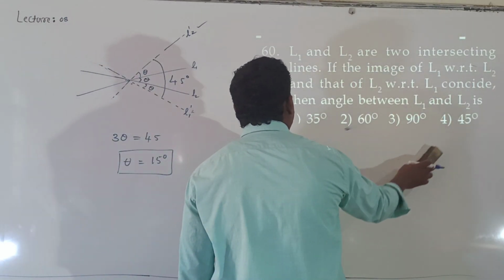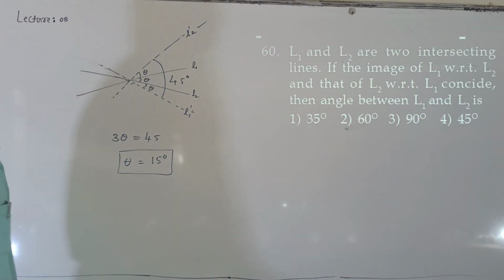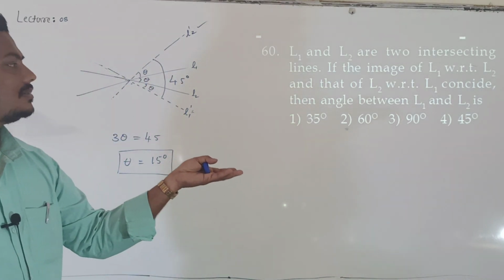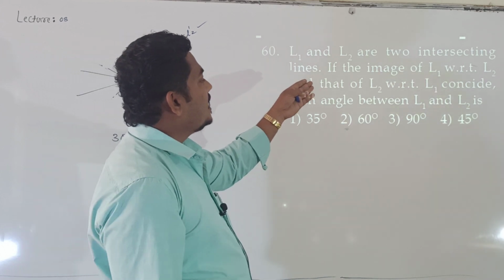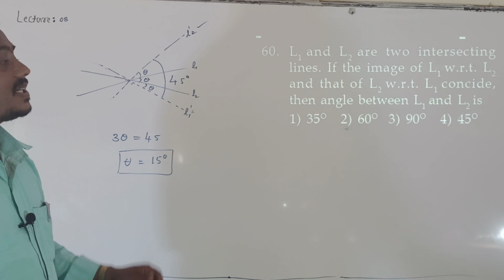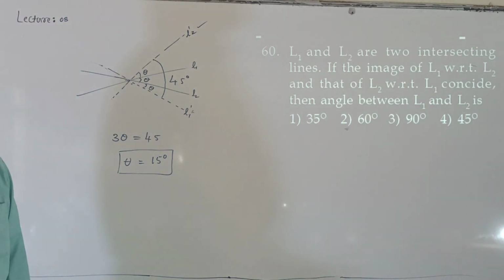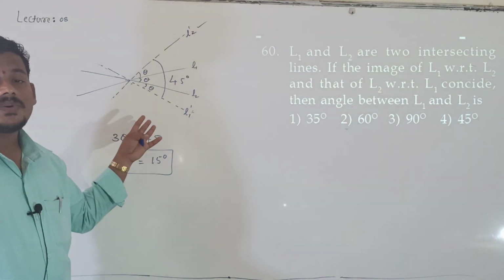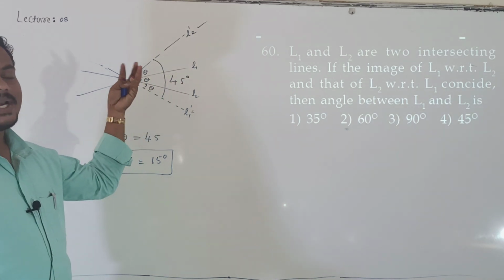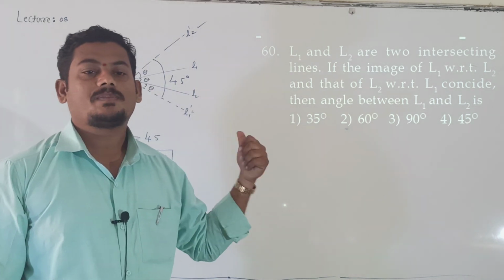L1 and L2 are two intersecting lines. If the image of L1 with respect to L2 and that of L2 with respect to L1 coincide, then find the angle between L1 and L2. In the previous case, their images were distinct, and the angle between their images was given.